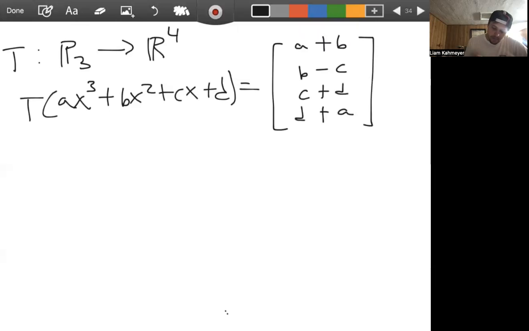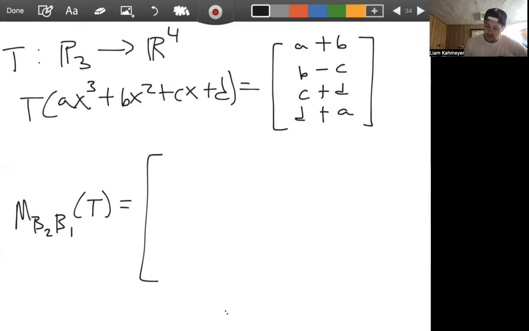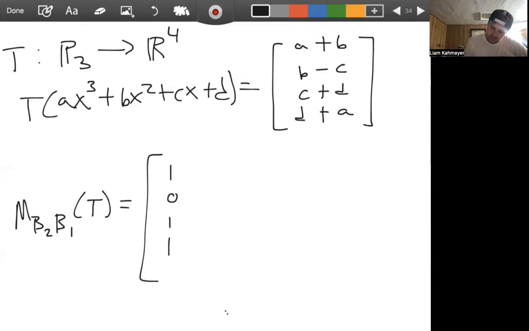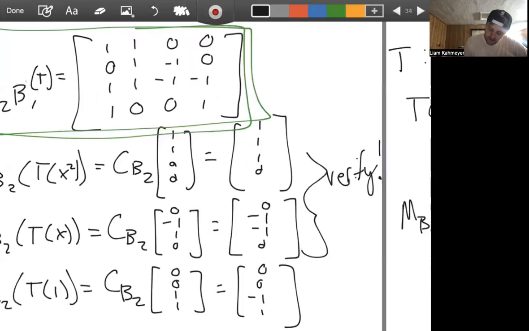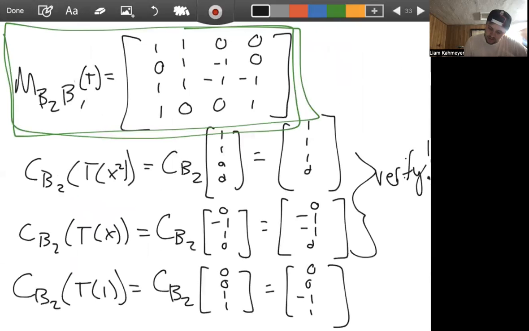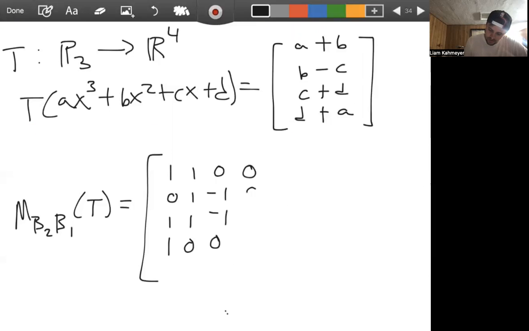And the matrix, with respect to the given bases, describing this transformation is what we got. So (1, 0, 1, 1), (1, 1, 1, 0), (0, -1, -1, 0), and (0, 0, -1, 1).